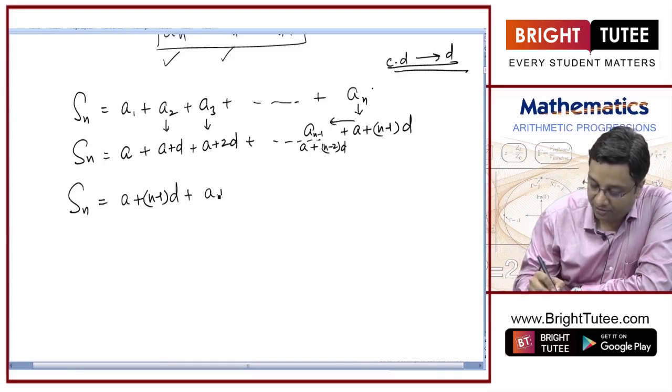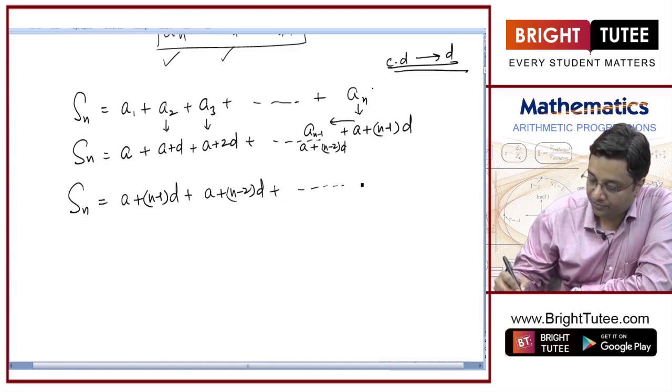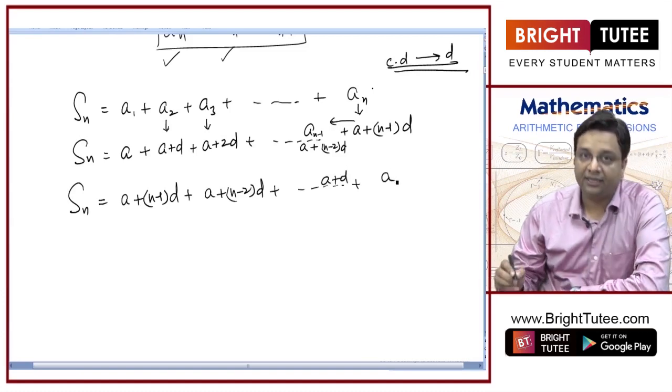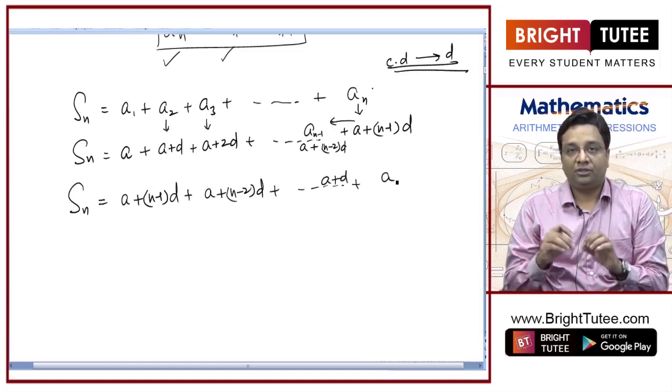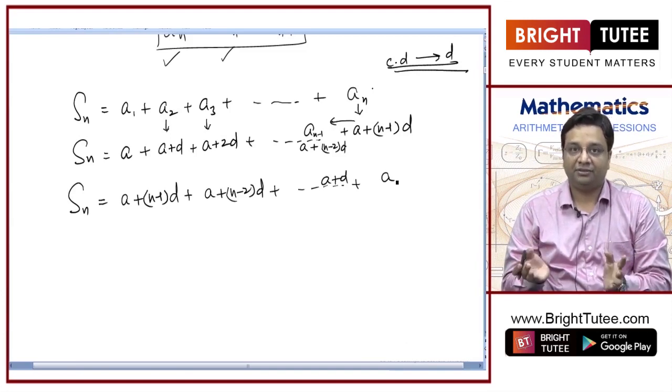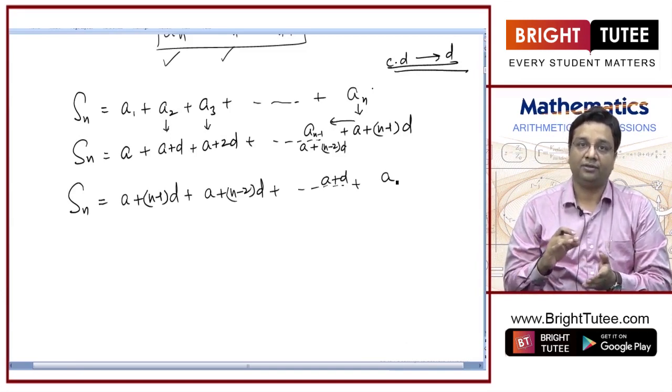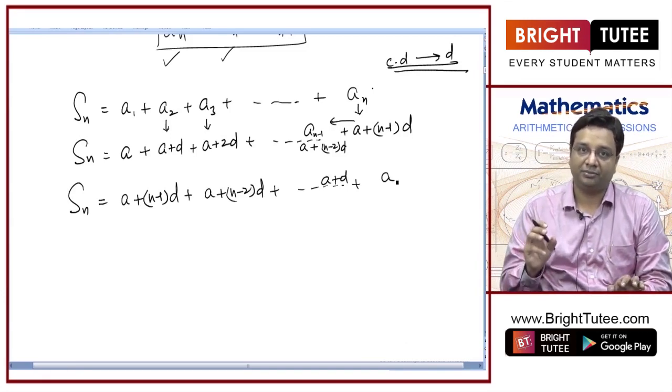So the next term will be a plus (n minus 2) into d and so on. In the end we will write a plus d and a, right? I have not changed this expression, I have just written it the other way round, I have just flipped it.